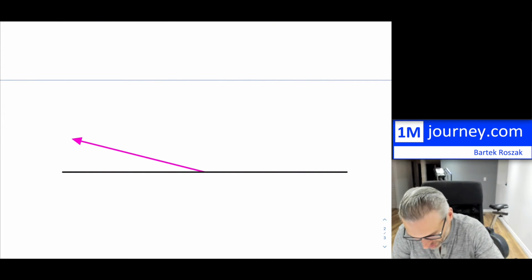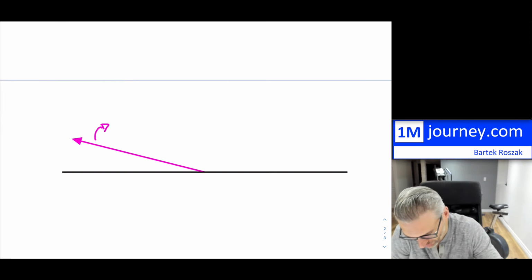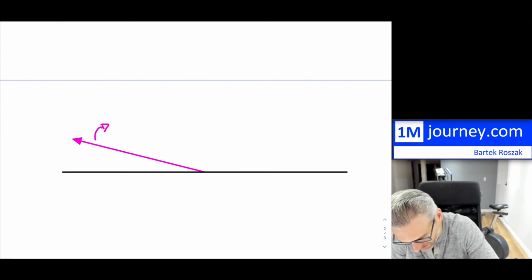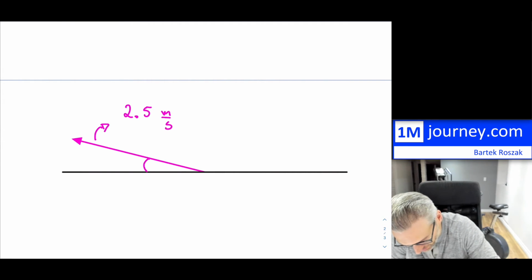And now someone tells you, well, this particular vector, maybe this is not necessarily position, maybe it's your velocity, and they tell you that the velocity is, in this case, maybe 2.5 meters per second. And all they tell you is the angle of this, so because it's a vector, let's imagine that this particular angle is maybe something like 35 degrees.